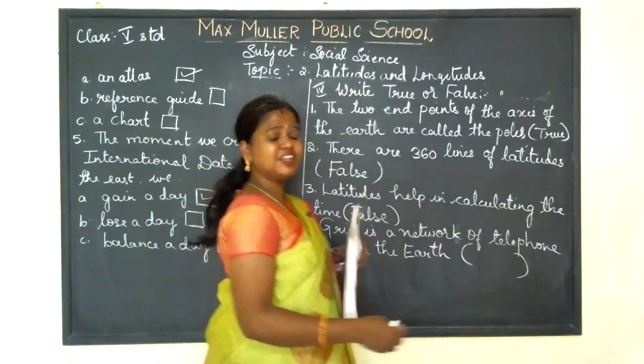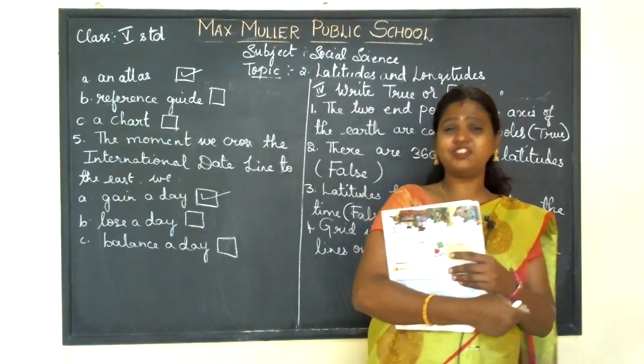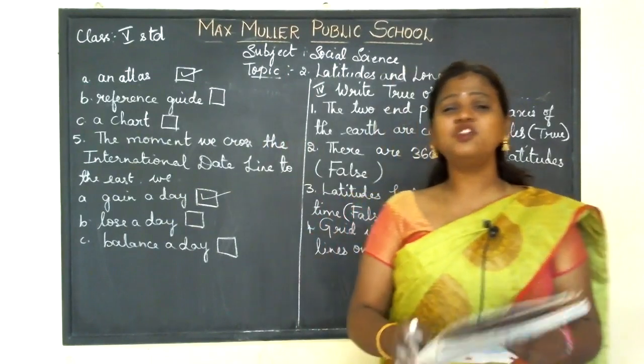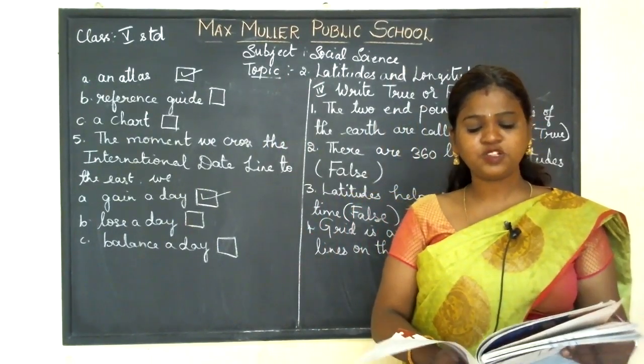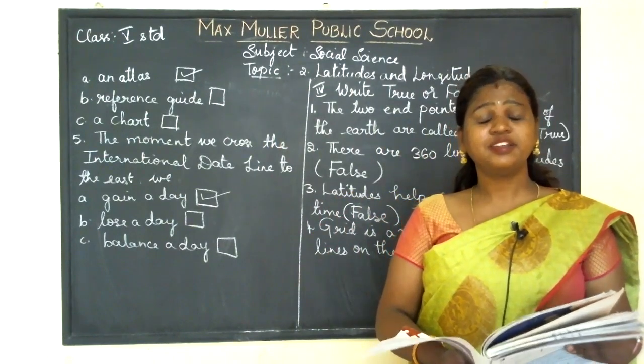So can we say a network of telephone wires on the earth, children? No, it is not possible to give lines on the earth, and it is also not the correct statement.